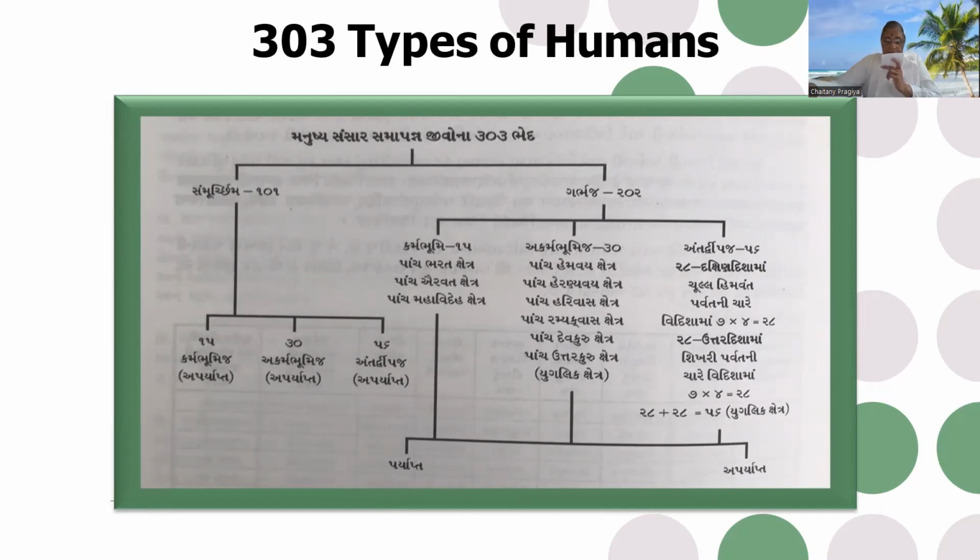Depending on these different areas, human beings are recognized in 101 types. Since human beings are of both types, asexual and sexual, they become 202. And again, the sexual human beings can be of both categories, incomplete and complete, so they become 303. This means that 303 types of human beings are on the earth.